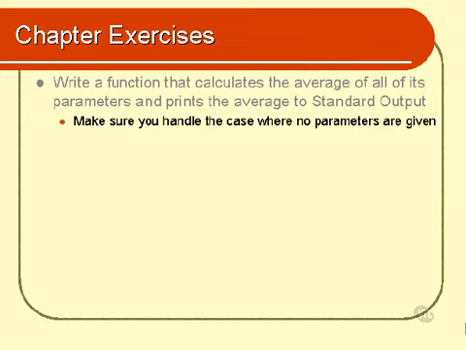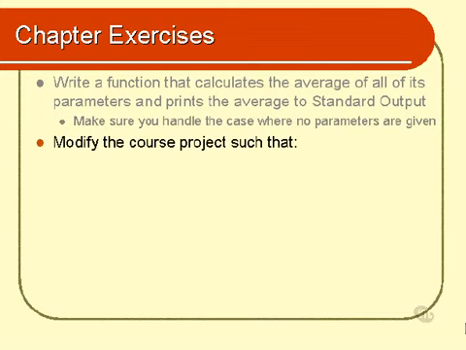If they do specify parameters, then obviously you have to add them all up, divide by the number of parameters there were, and that will give you the average. And all you have to do is make sure that that average ends up on the screen. Now that's actually a moderately difficult exercise. It requires a good understanding of function parameters in order to solve that one successfully.